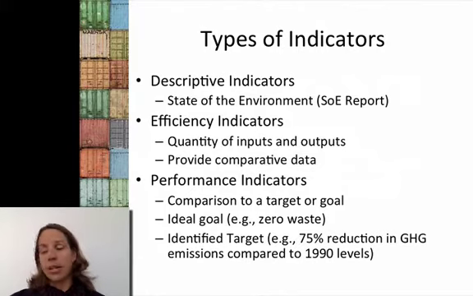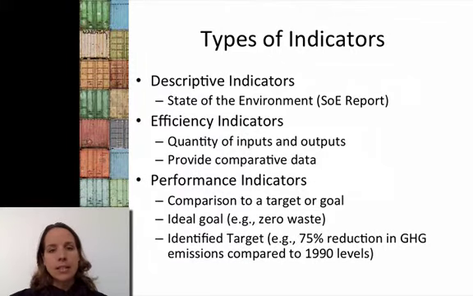So if production increases, are you getting more efficient, but still producing more carbon? Efficiency indicators give you a different measure. It's really up to you to decide what is the most appropriate measure of what you're measuring against, so setting that criteria and then choosing an indicator that matches against that criteria.